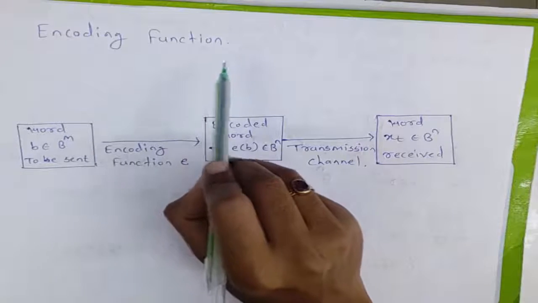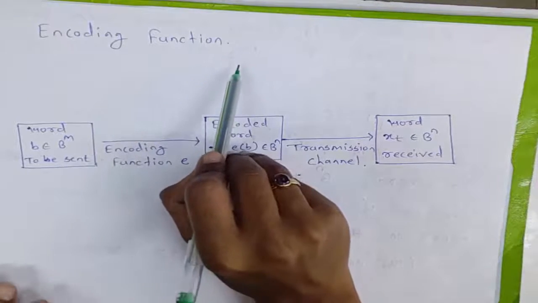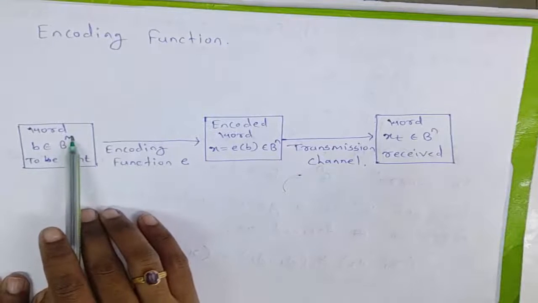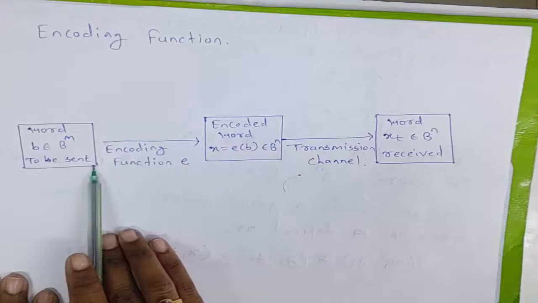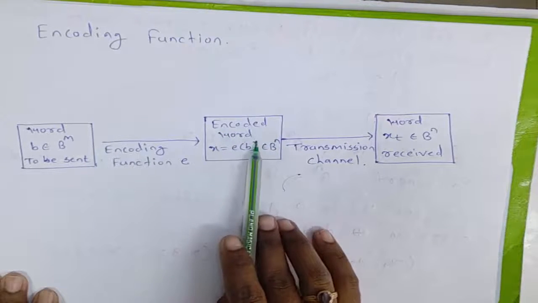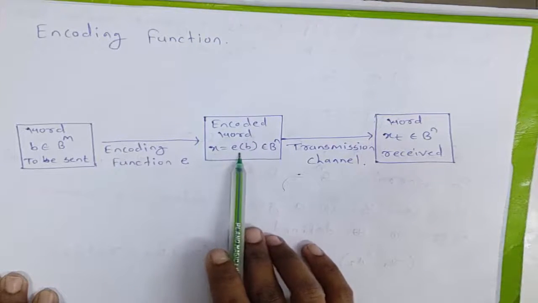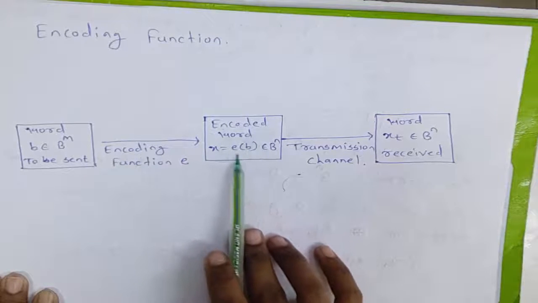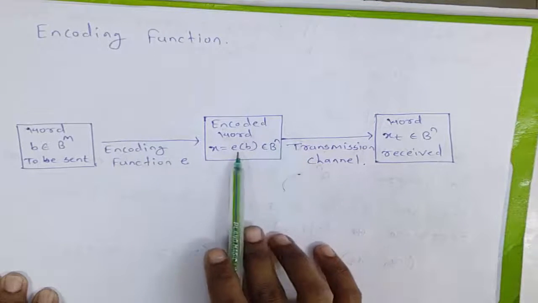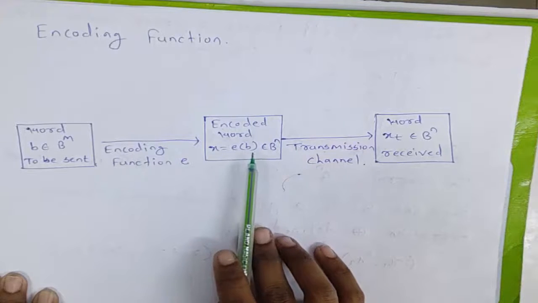So here we see the figure of the encoding function. First, the word b belonging to B raised to m is to be sent. Through the encoding function E, the encoded word is x equal to E of b, and this E of b belongs to B raised to n. This E of b is called the code word.